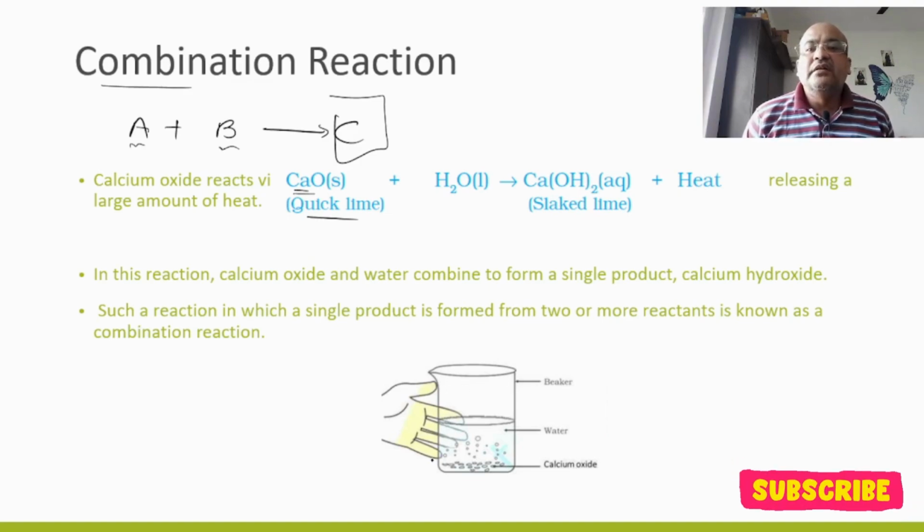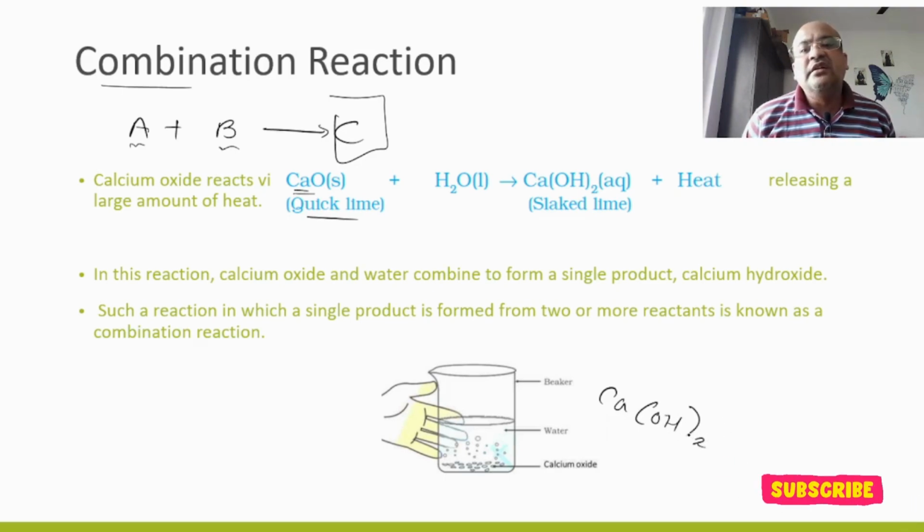If you take a beaker, take calcium oxide into that, put water into that, we will get calcium hydroxide. It is formed in water, so we have written its state as aqueous. This is called slaked lime.